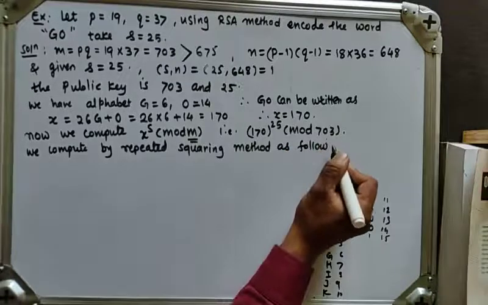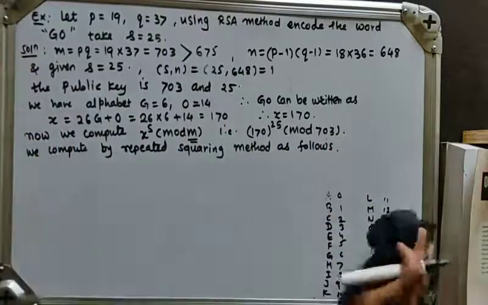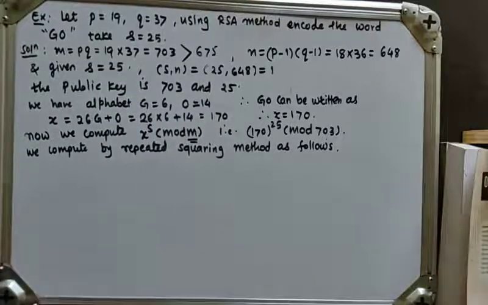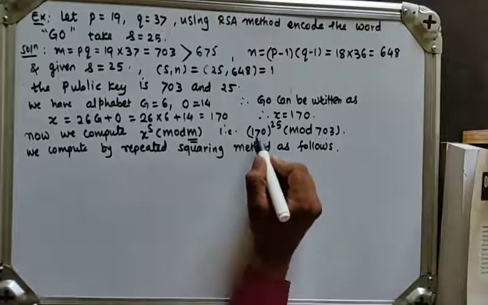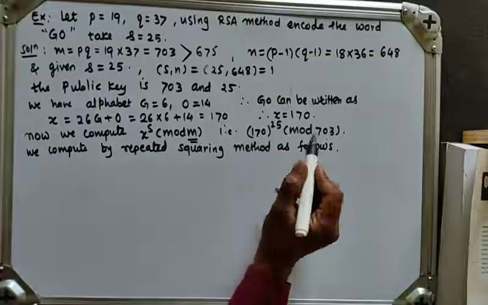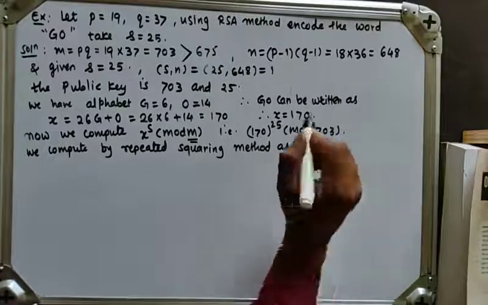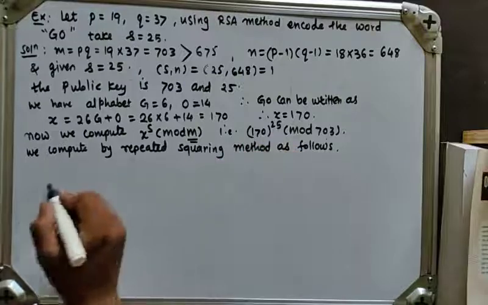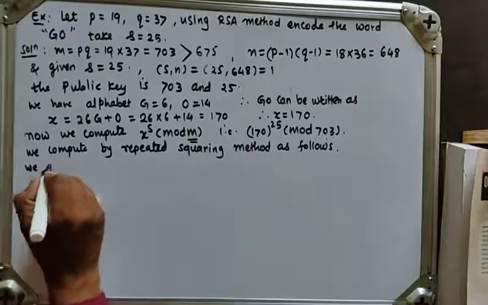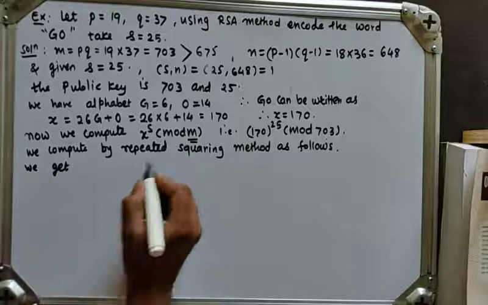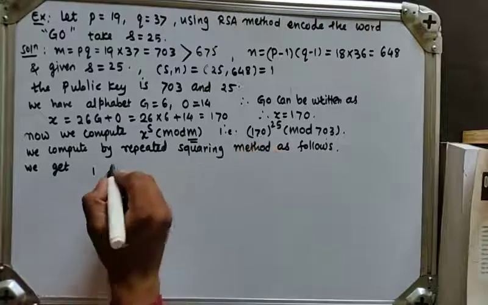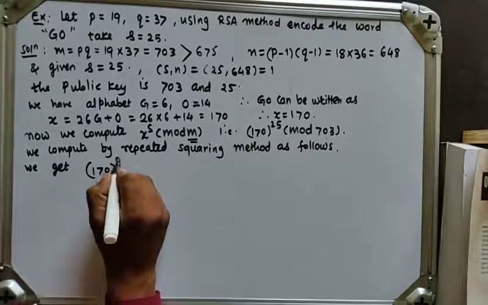First we have to calculate 170 raised to 25 modulo 703. First we calculate 170 raised to the power 2.